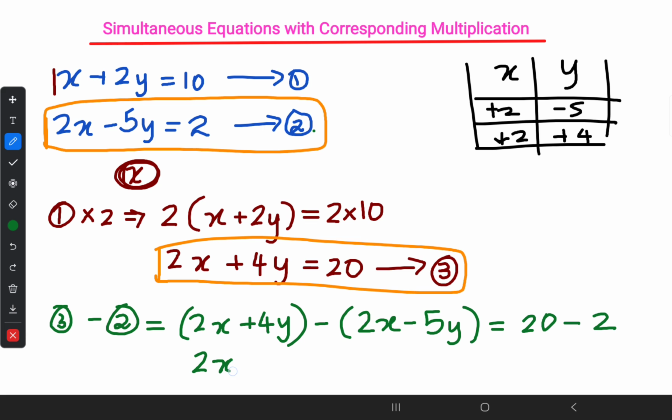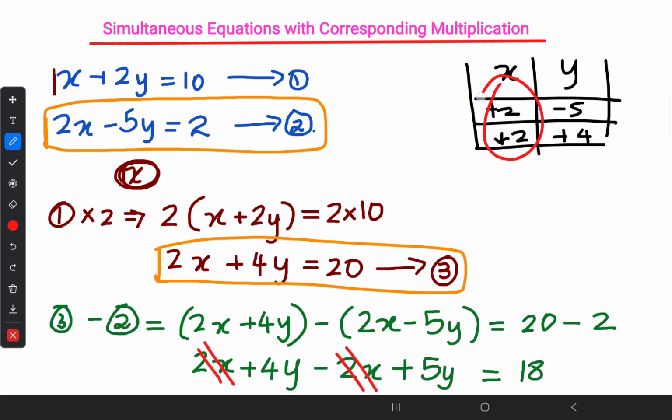Now let's do the calculation: 2x plus 4y minus 2x plus 5y equals 18. The positive 2x and negative 2x will be eliminated.